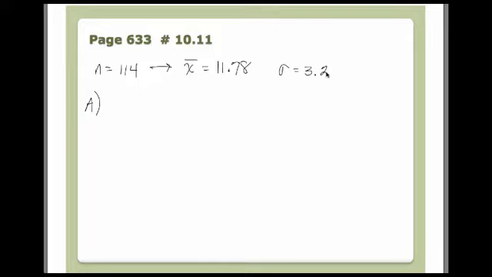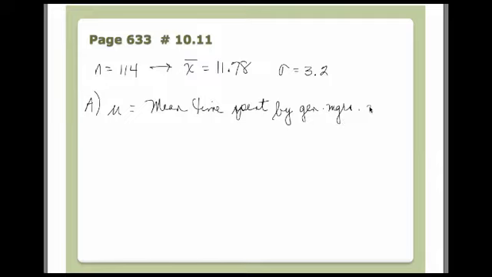The very first thing is we need to identify our parameter. It sounds like we're dealing with means in this case. So mu is going to represent the mean time spent by general managers at their current hotel, job, chain, whatever.